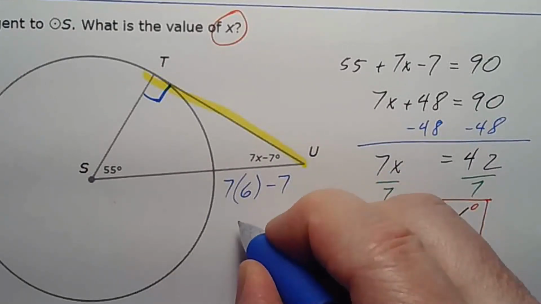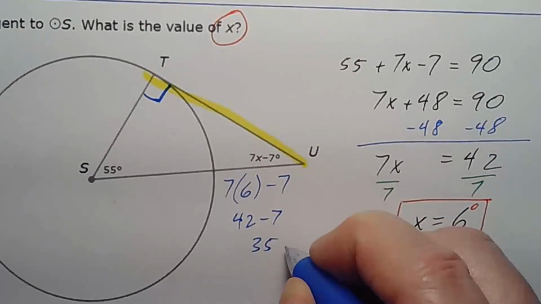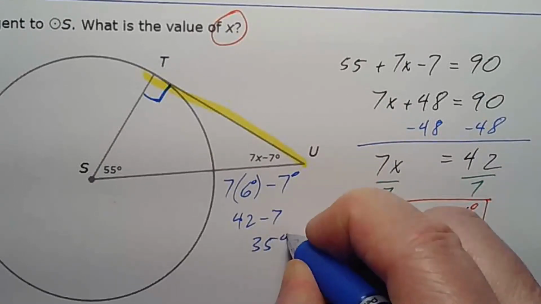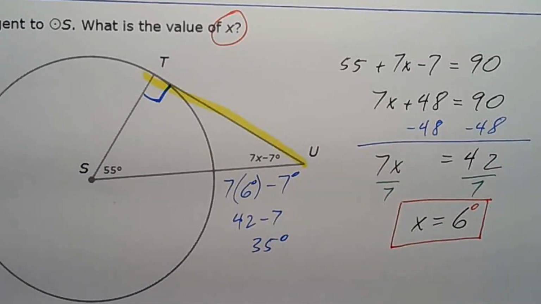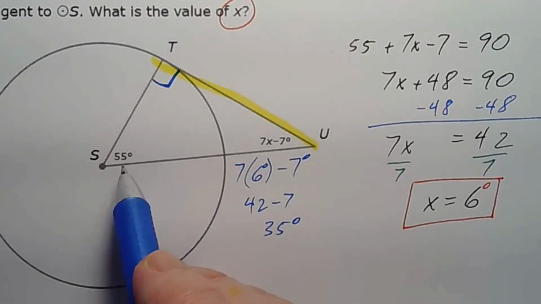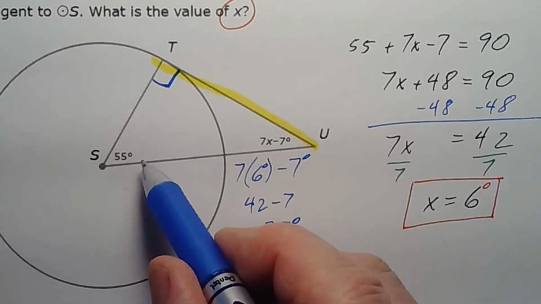So 7 times 6, I've got 42 minus 7. I've got 35, and sure enough, that's going to eventually be degrees. Okay, let's just do a sanity check on this. 35 degrees. Well, 5 and 5, that's a 10. 3, yep, that's a 90. And just ballparking it, this actually looks reasonable.